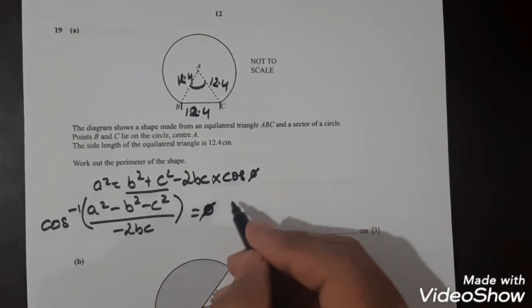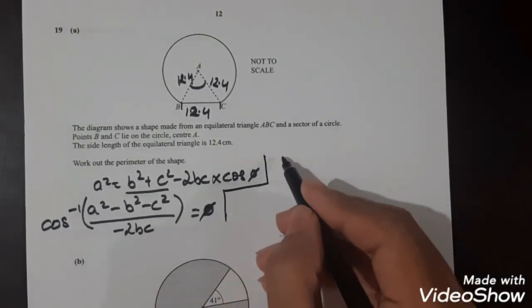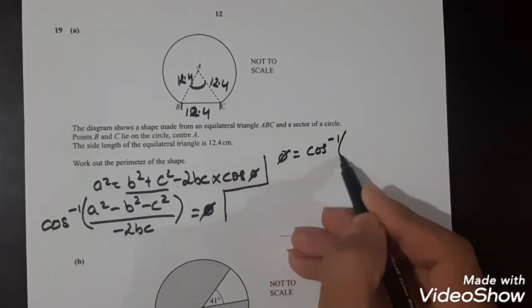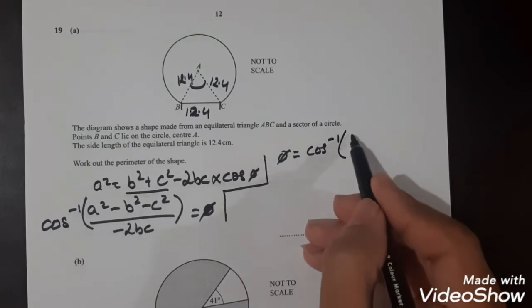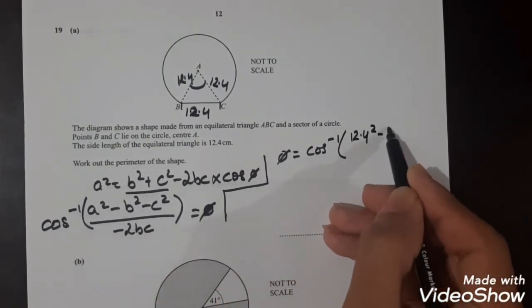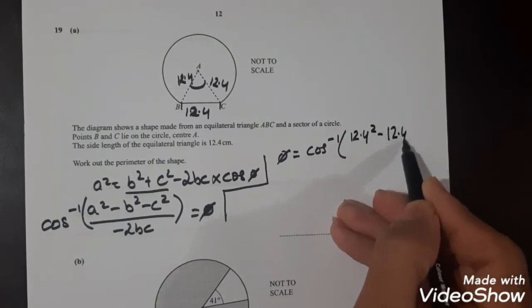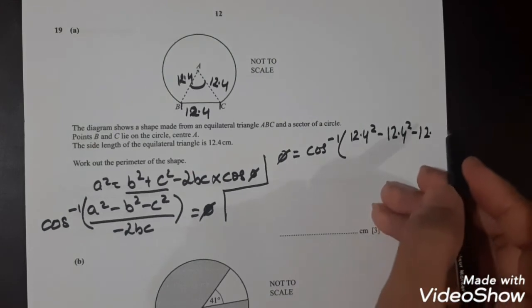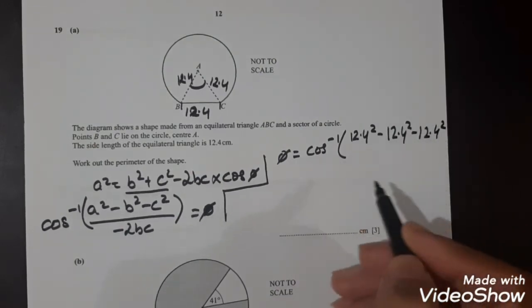Then we will input the values: A is equal to cos inverse of a squared, every value will be 12.4, so 12.4 squared minus 12.4 squared minus 12.4 squared.